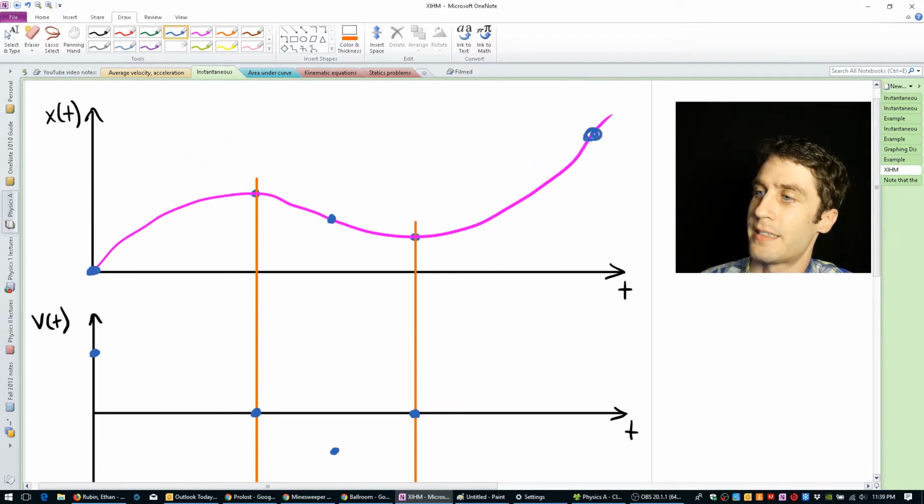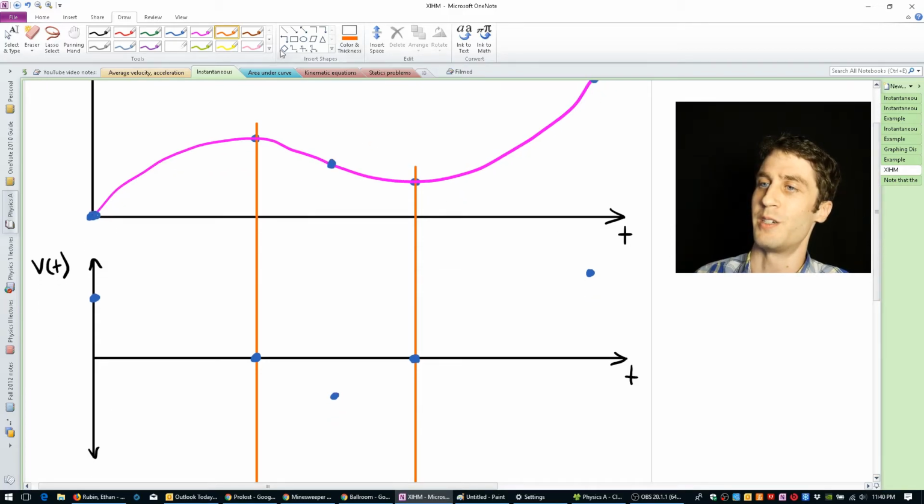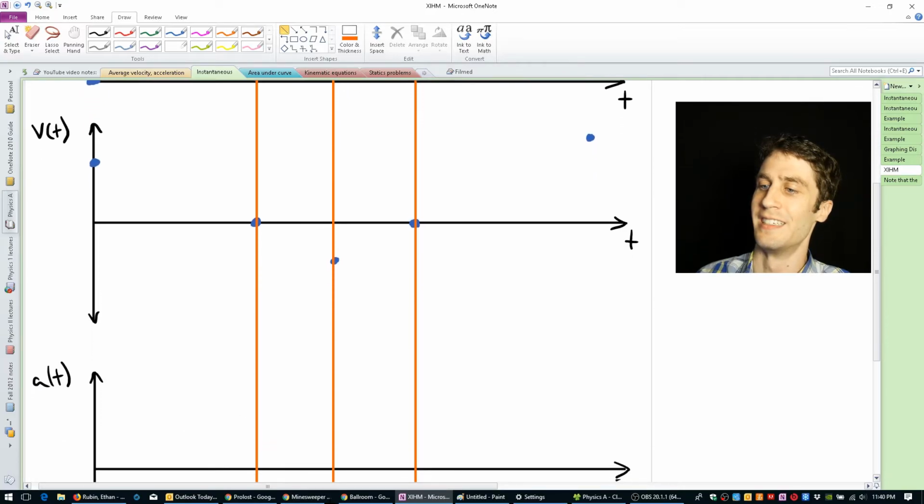And since it's increasing again very quickly in this region, I'm going to draw a dot corresponding to that. It's going to be our greatest velocity. I forgot to draw in my guidelines. That's a good idea to do. And I'll adjust these points as needed.